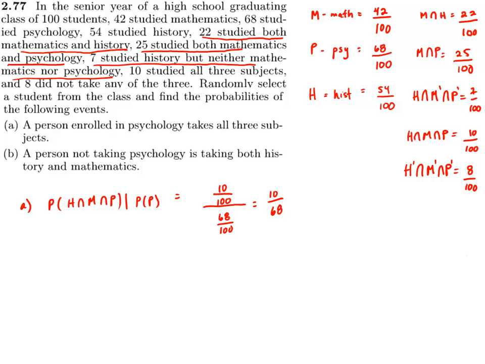Part B, a person not taking psychology is taking both history and mathematics. So now we need to find the probability that the person is not taking psychology. That's the given. So this is the probability of H intersection M given that the person is not taking psychology.